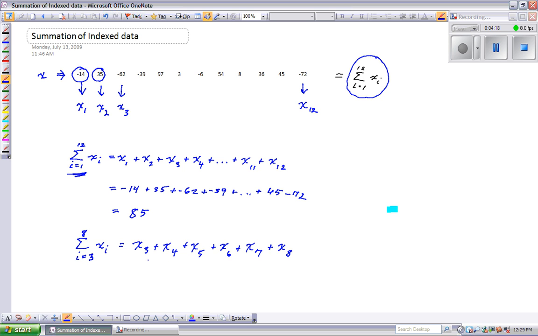You would substitute in those values: negative 62 plus negative 39 plus, and so on, all the way up to x sub 8, which is 54. The index, i equals 3 up through 8, tells us where we're going to start and where we're going to end. In the original example it was 1 to 12. In the second example I just made up, it's 3 to 8, but it could be anything.